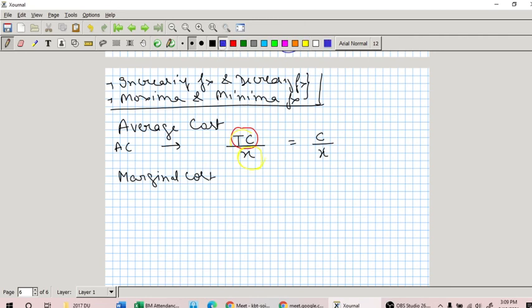So change in total cost with respect to x means d by dx of total cost. So this will give you your marginal cost, and people write it as d by dx of c. So dc by dx will be your marginal cost.